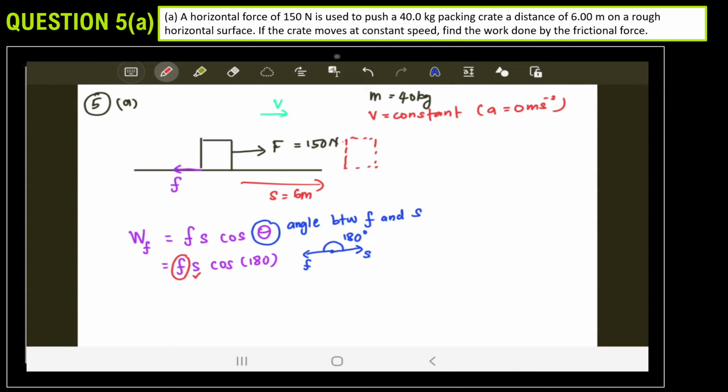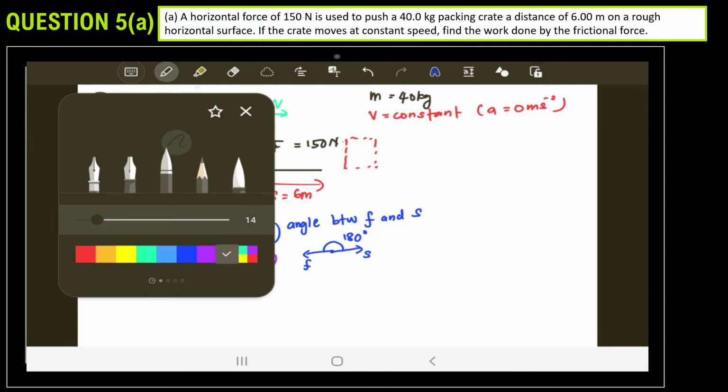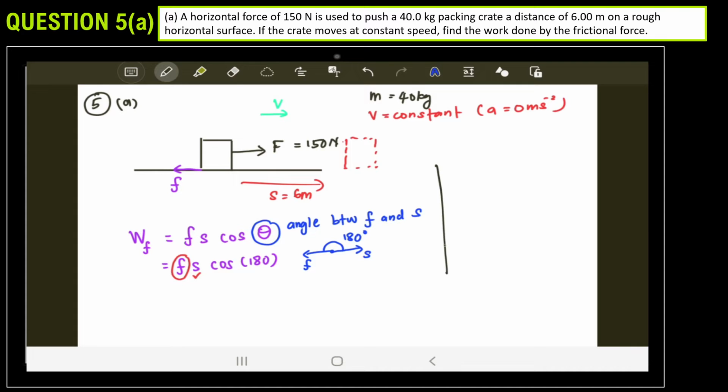So how to find friction? We need another calculation. Kita kena cari dulu friction, where you can write the total Fx is equal to ma. So this is from chapter 4. Since we know that the object is moving to the right, and there is an external force which is 150 Newton minus friction, and it's equal to ma.